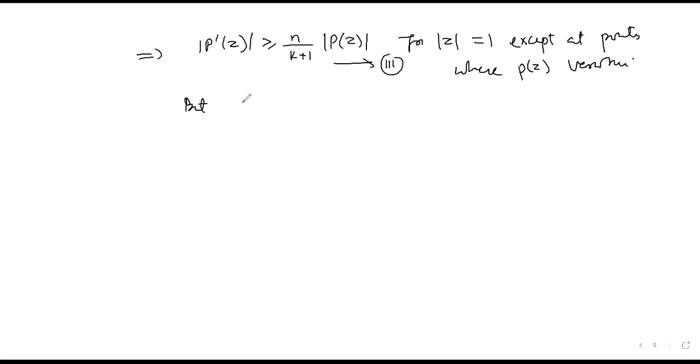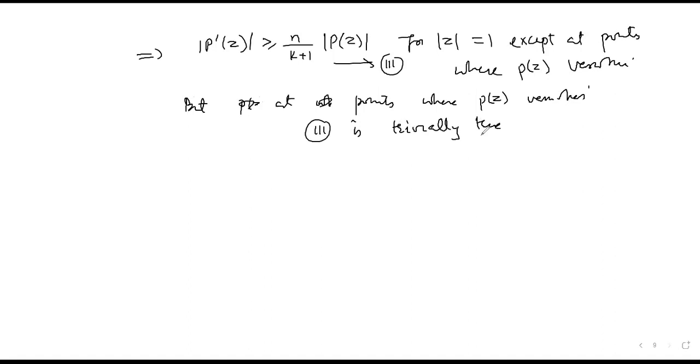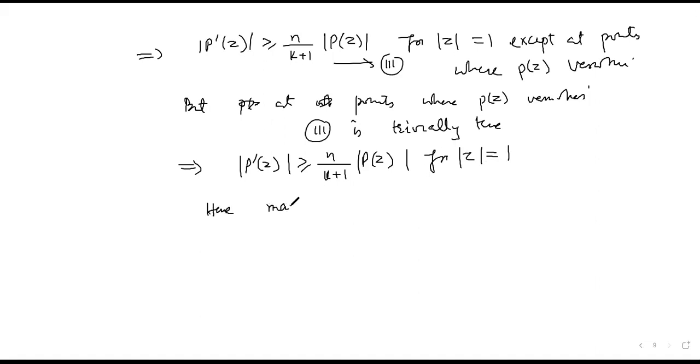But what we wrote before, at points where p of z vanishes, the third is trivially true, which implies that mod of p dash z is greater than or equal to n divided by k plus 1 times mod of p of z for mod z equal to 1, and taking the maximum, hence the maximum over mod z equal to 1 of mod p dash z is greater than or equal to n divided by k plus 1 times the maximum over mod z equal to 1 of mod p of z.